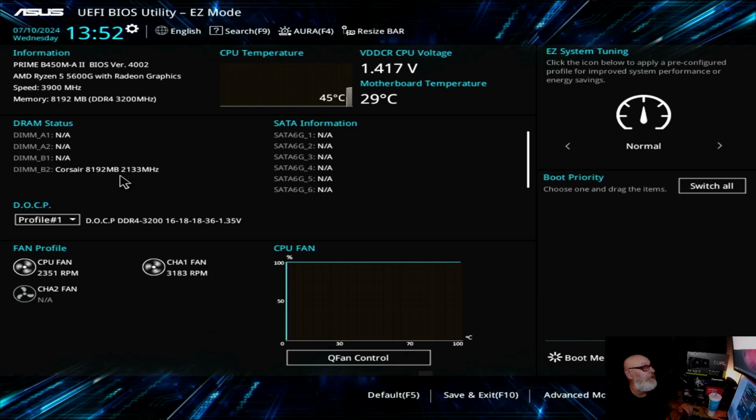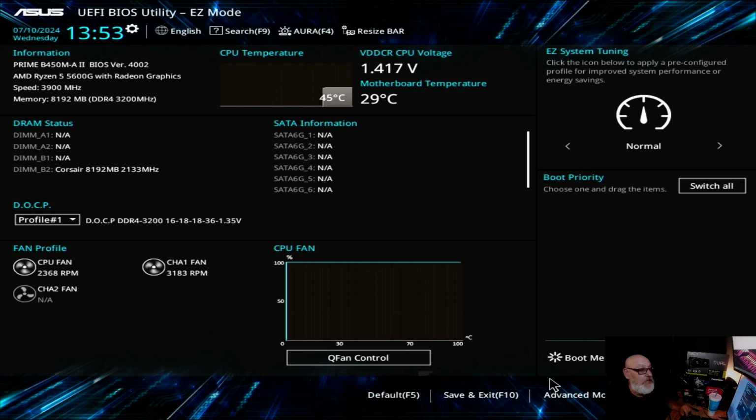I got it put into the B2 slot, because on this motherboard, you use the A2 and the B2. Those are how you pair your RAM up. We don't need the A2 because it's right underneath the heat sink, so we use the B2. It works just as good. One 8 gigabyte stick's just fine.